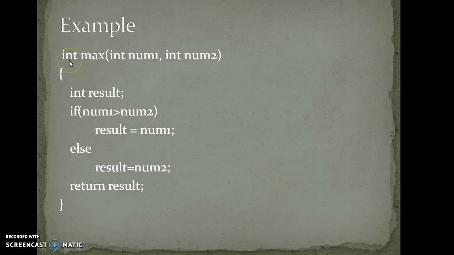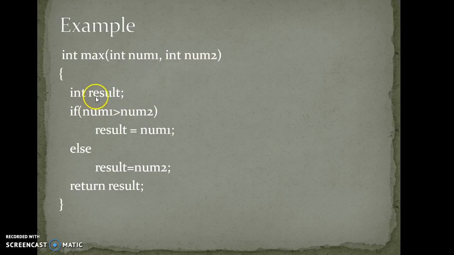Next, here is a small example for the function. Return type here we specified is integer. That means this function returns an integer value. Function name is max. And within brackets we are giving parameters, int num1 and another integer variable num2. These two are nothing but input to this function.